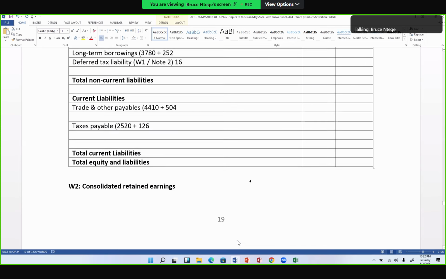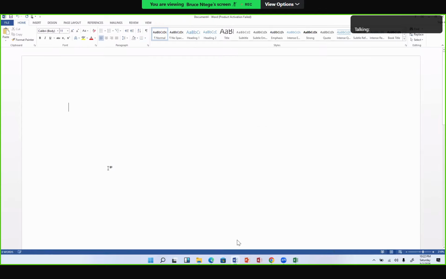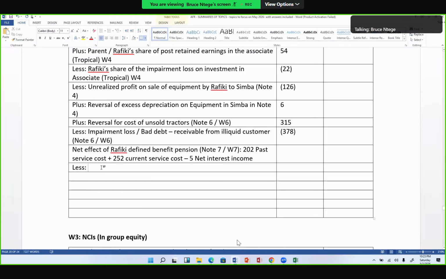So working 2 receives that debit. So that is a minus. Less, sorry, what have I done? I hope I've not lost my document. Oh, it's here. So less that impairment loss on the trade name, which is 14.